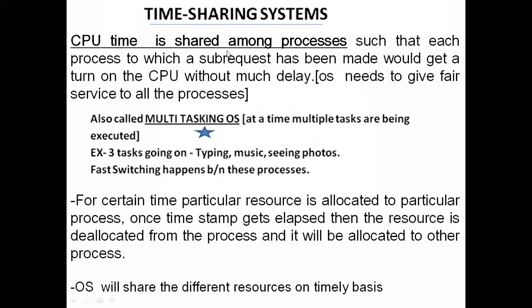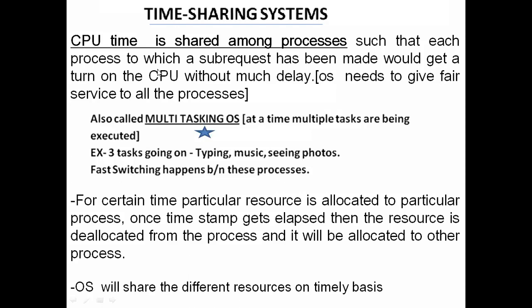Why? Because we know that any CPU, any processor, will not be busy executing only one program. Suppose the CPU is just busy executing a single program, then it is of no use. Why? Because the CPU has to give fair service to all the user programs or user processes. Hence, the CPU time will be shared among n number of processes such that each process gets some fixed amount of CPU time.